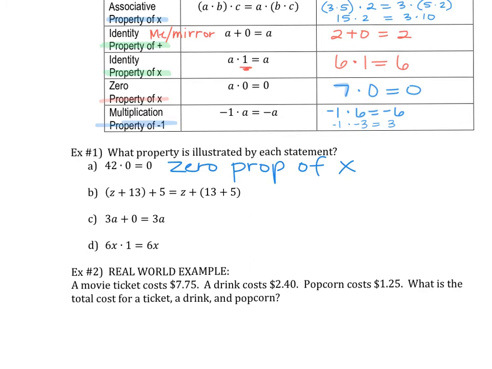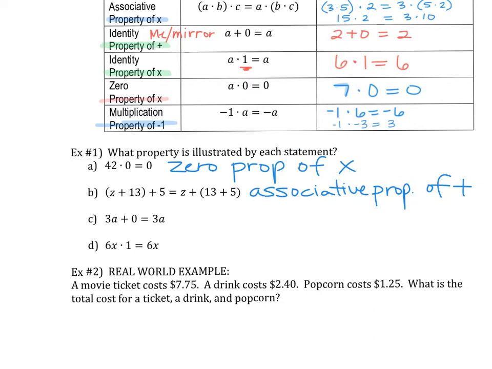How about B? Z plus 13 plus 5 versus Z plus parentheses 13 plus 5. Which one is that? Associative property of what? Of addition, right? We're adding. So it's the associative property of addition.